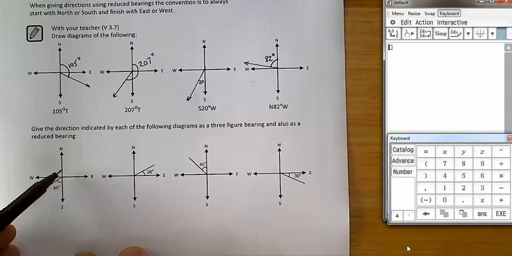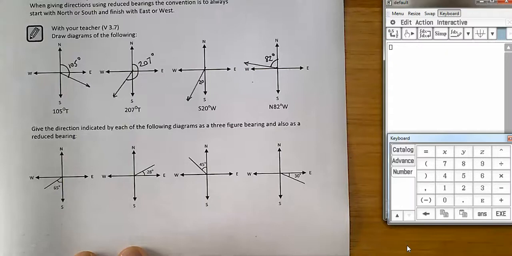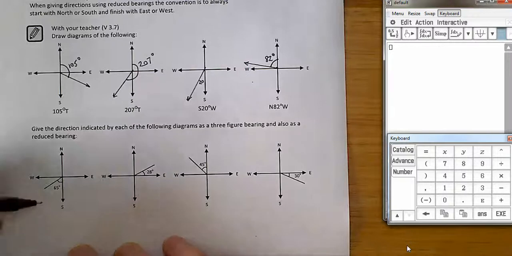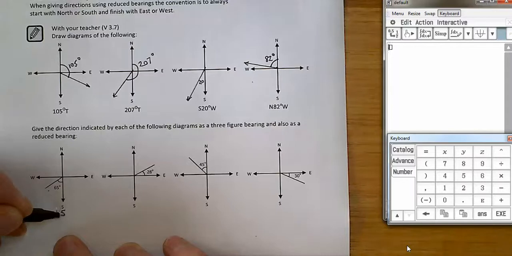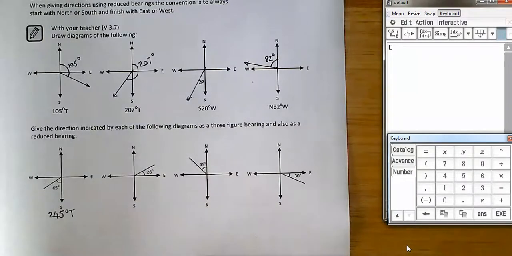So it would be 180 around to here, but it's gone further. It's gone another 65 more than 180. 180 plus 65 equals 245 degrees of clockwise rotation from north. We could write that as 245 degrees true.